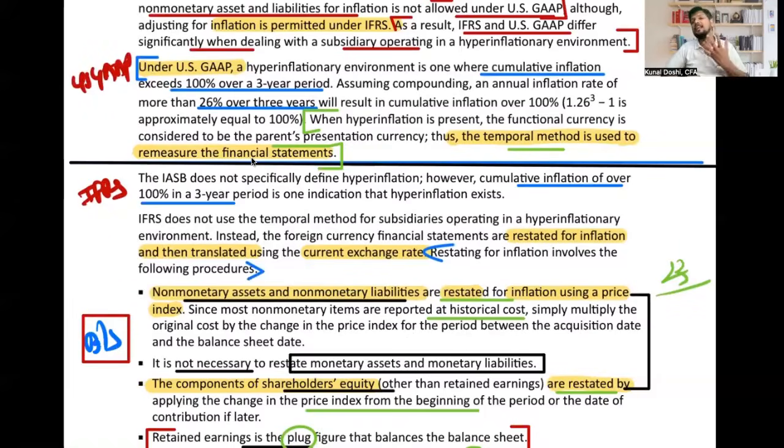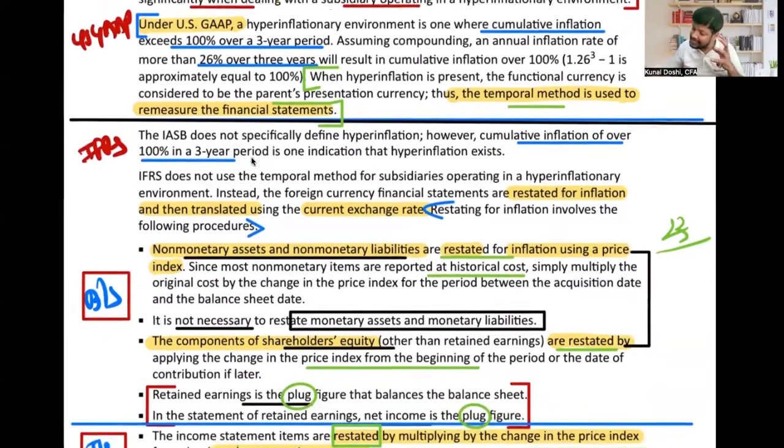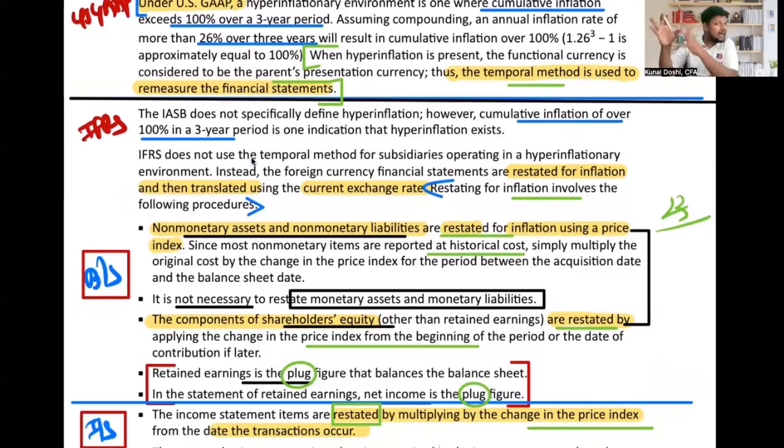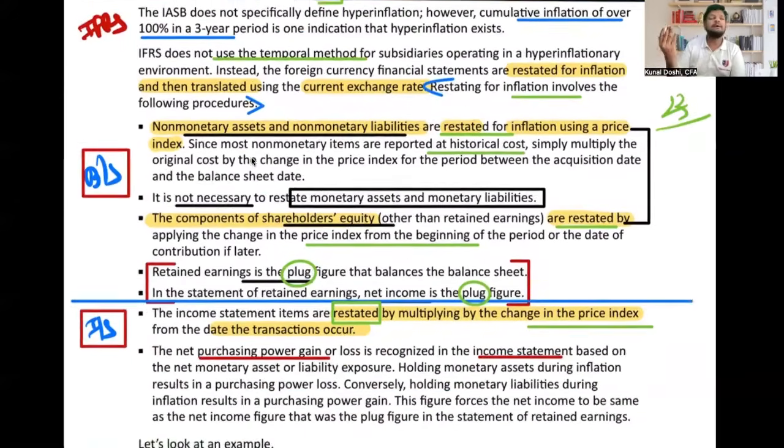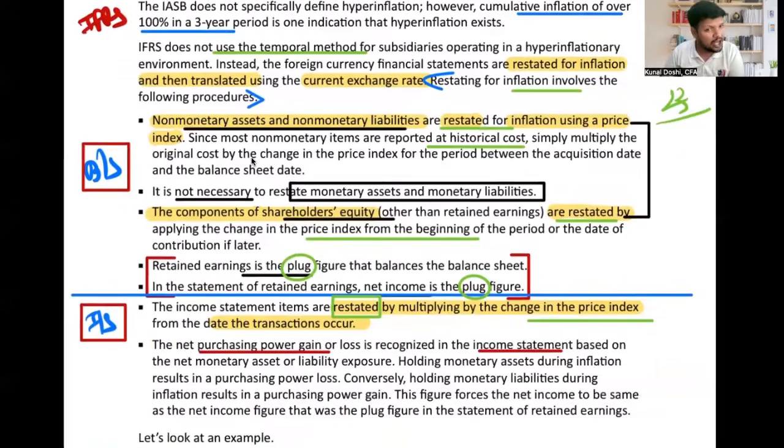IFRS says no, don't directly use the temporal method. First, you need to restate the inflated amounts of the LC. Okay, so first we need to do the restatement. IFRS does not use the temporal method in hyperinflation. It says you can't use that. You first need to restate the financial statements and then you can do that.